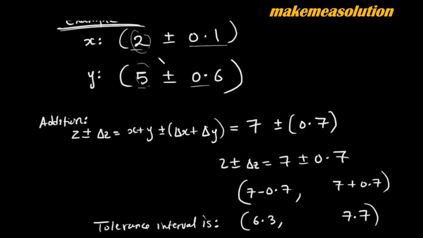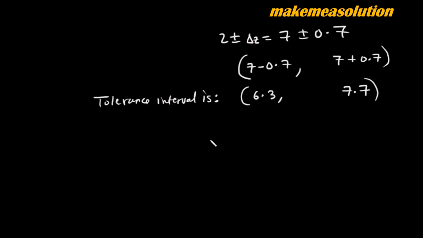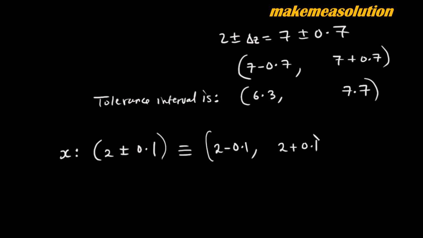Now I want you to know that addition is a very simple and generic case. Even without doing all this first, you can actually spread these ranges and do the addition on the ranges to get your answer. For instance, x is given to us as 2 plus or minus 0.1, and if we express this in interval form, this is 2 minus 0.1 to 2 plus 0.1, which is 1.9 to 2.1.